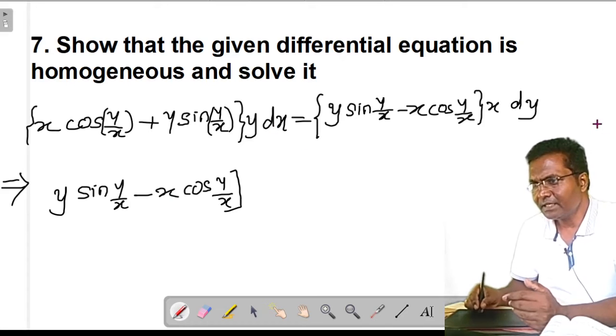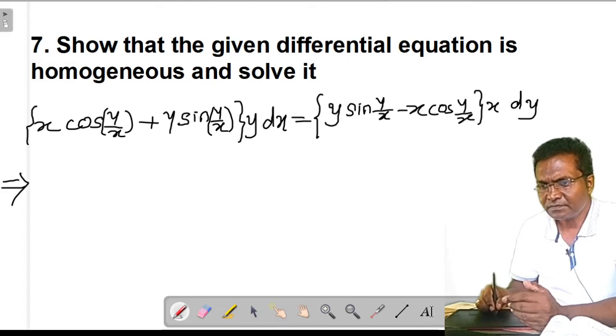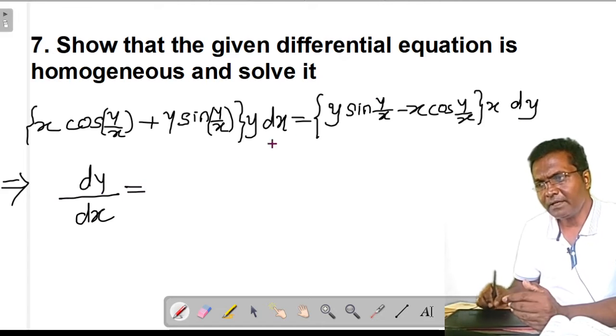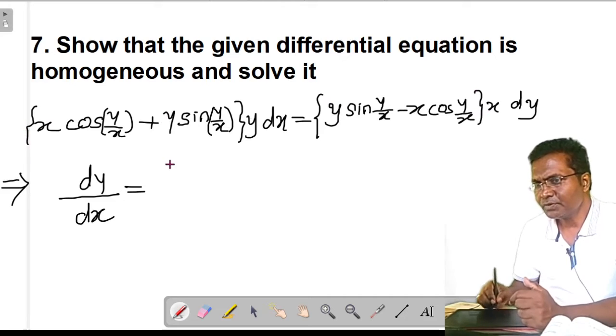Okay, bring dx this side, that we do. Instead of writing dy by dx is equal to, I can bring this full term to the left.